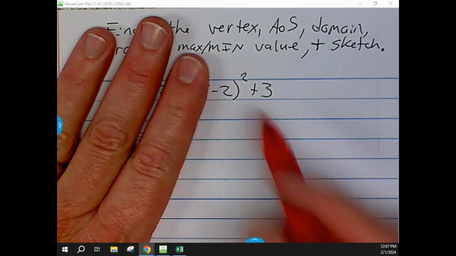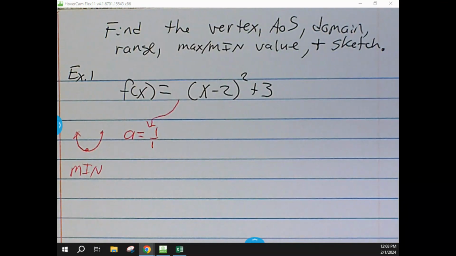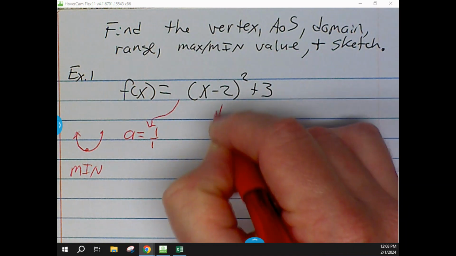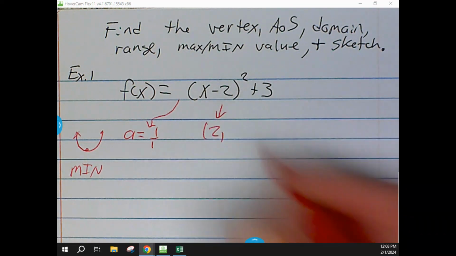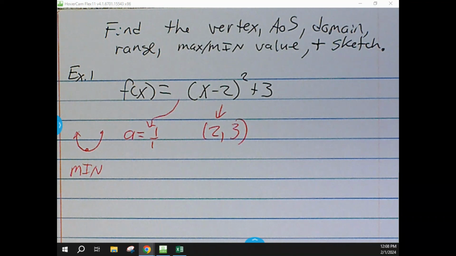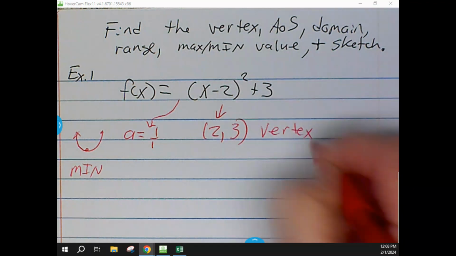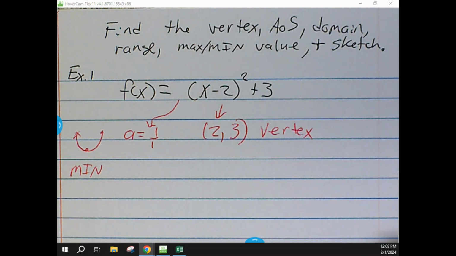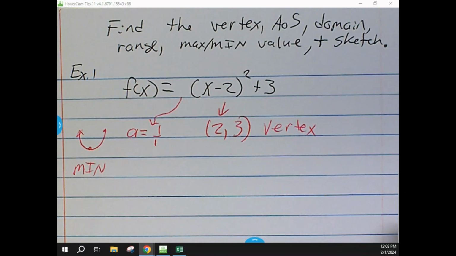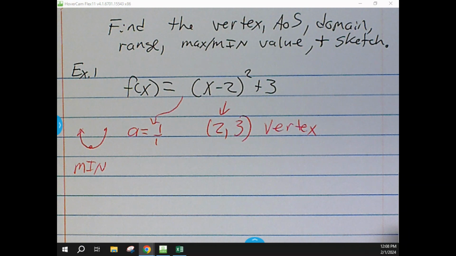Everything back here is where we're going to pull out the actual part of the vertex. So again, just change this sign from -2 to +2. That number stays the same, so there's your vertex. Okay, and whatever the X number is, it's here.